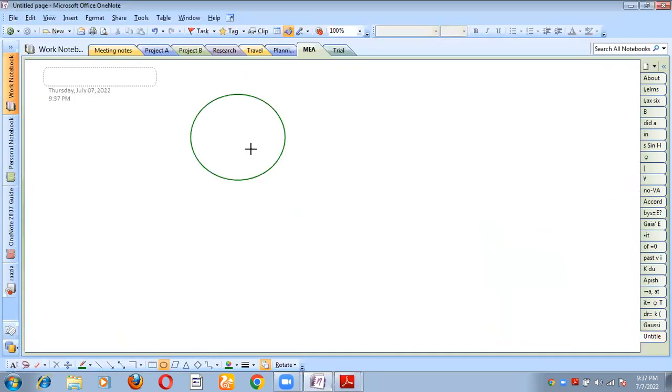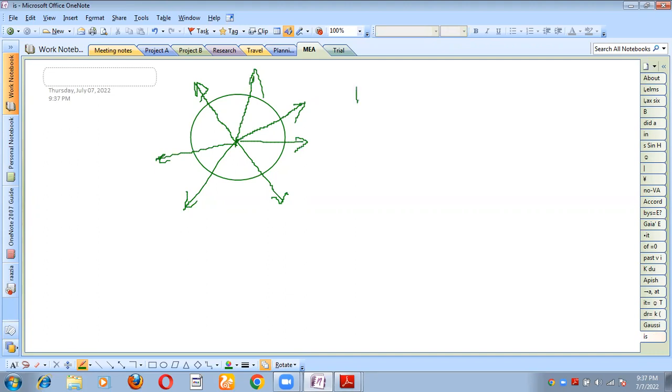It means the electric field is variable, and it is radially outward. Small a is the radius, and capital A is a constant.